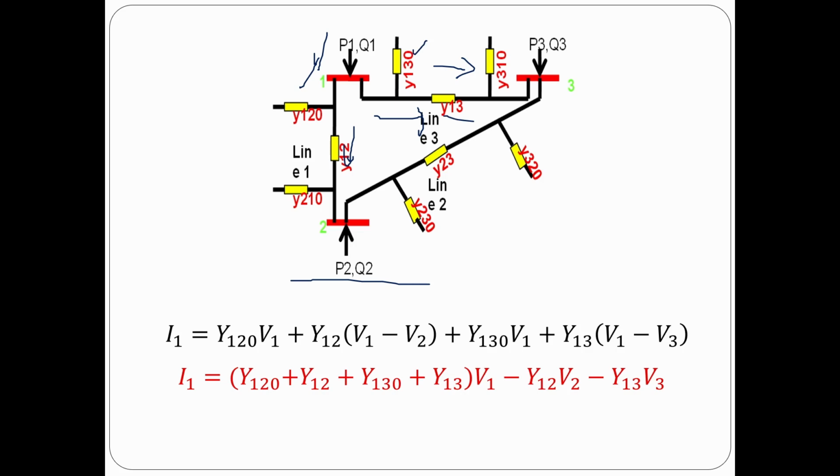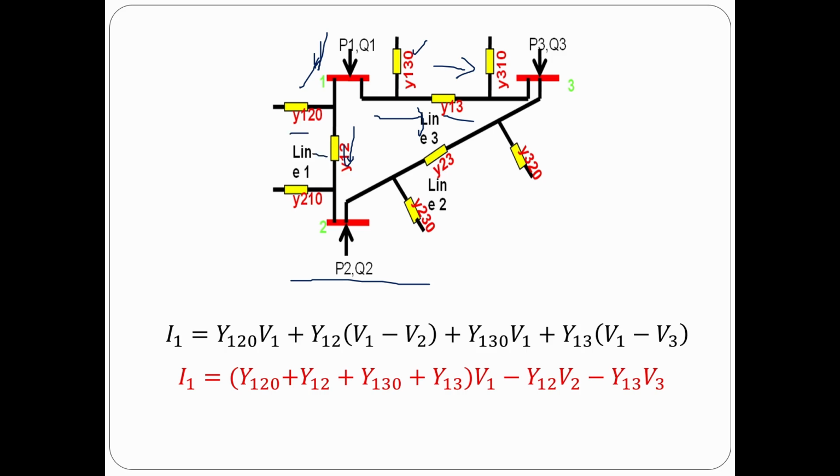Our objective is to determine the equation of the current I1 at bus number 1. Looking at the diagram, the currents leaving bus number 1 are those flowing to bus number 2 and bus number 3 via transmission lines with shunt admittance and series admittance.